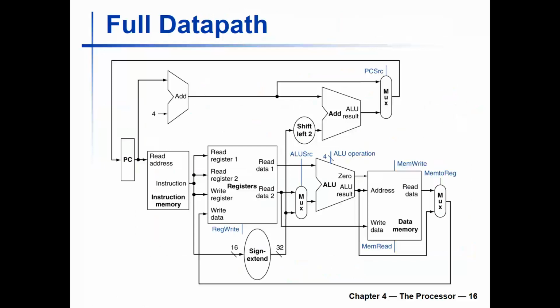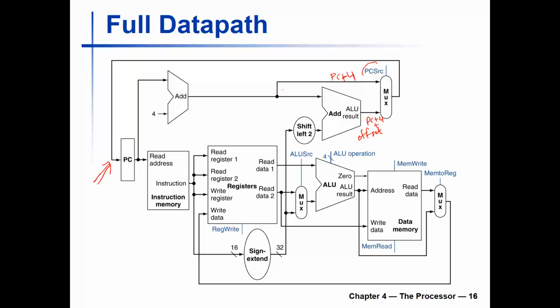Okay, so here is our full data path. Let's review here. This is my PC value, the updated one. This PC value can be PC plus 4, or PC plus 4 plus offset in terms of branch.